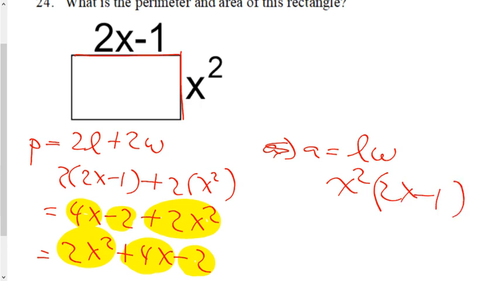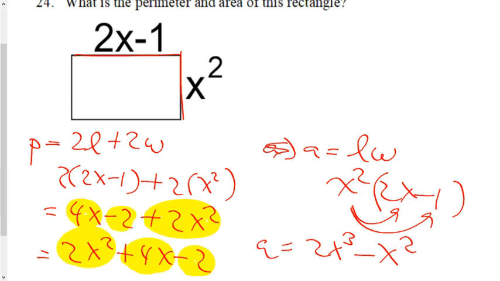And 2x minus 1 will be my other one. Using distributive property, x squared times 2x is 2x cubed, and x squared times negative 1 is simply a negative x squared. So your solution for 2 points is the area equals 2x cubed minus x squared.